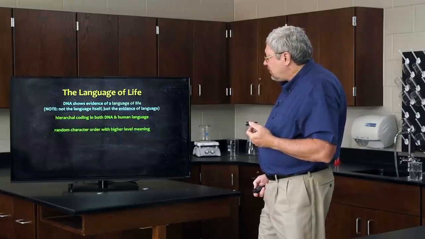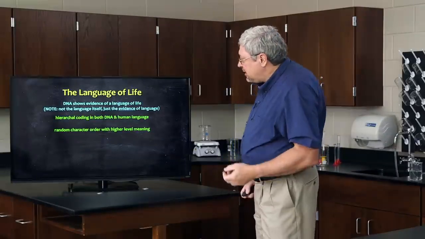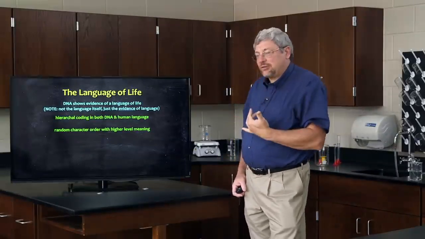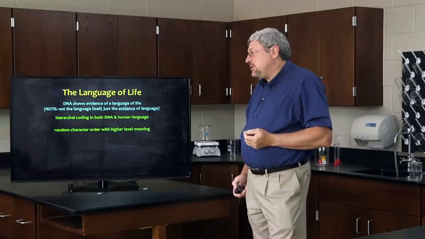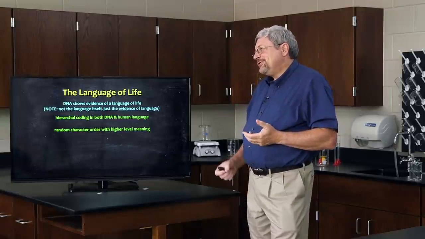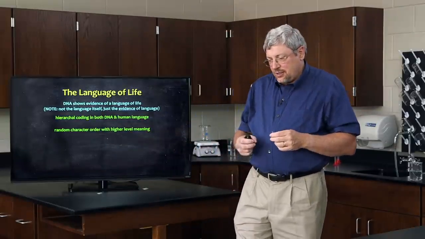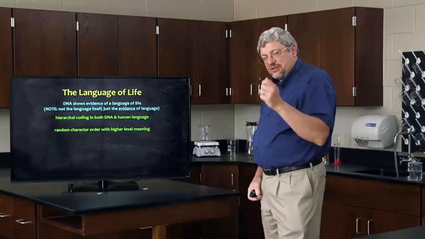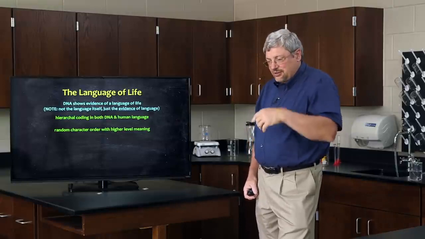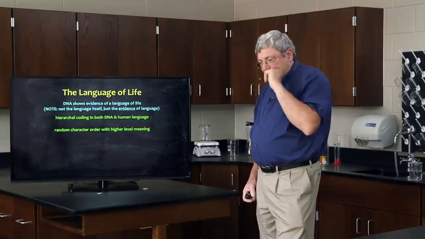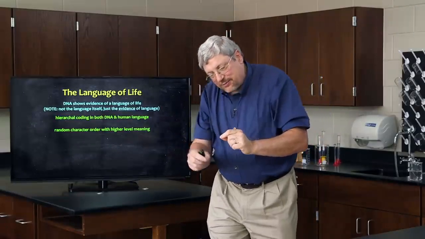A second characteristic of language that seems to be found in DNA is what we call a random character order with a higher level meaning. If you were to throw, let's say, a sentence into a computer and ask it, when you see a particular English letter, like an A or a B or a C or a D, whether it can predict the next letter.